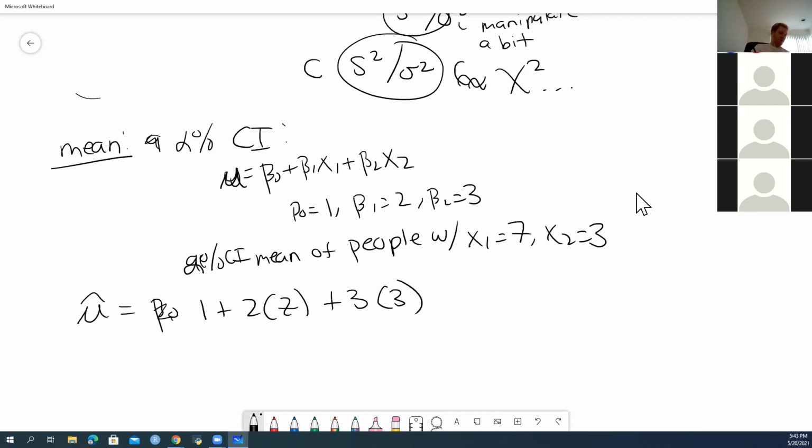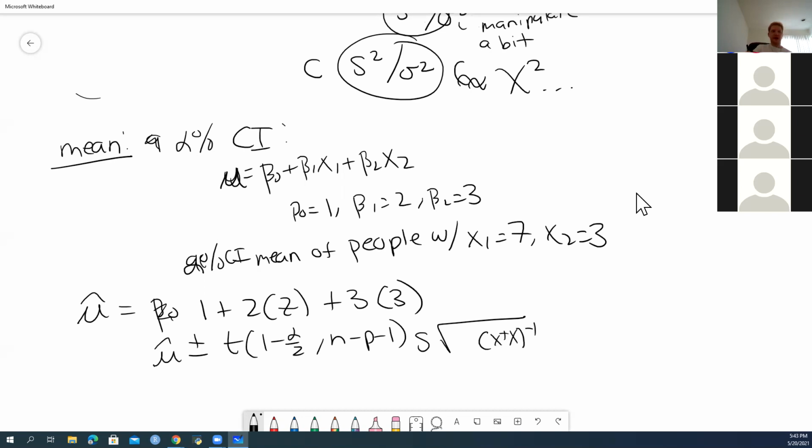And then you've already kind of gone over this, but it's going to be mu hat plus or minus the t value for 1 minus alpha over 2 and n minus p minus 1 degrees of freedom, times the estimated standard error, which is going to be S times the square root of A transpose (X transpose X) inverse A, where A is equal to (1, 7, 3).